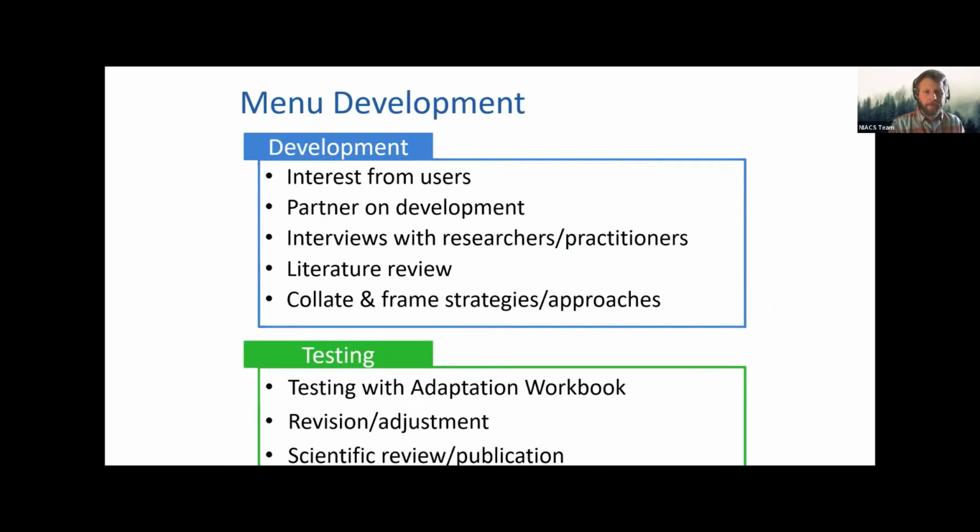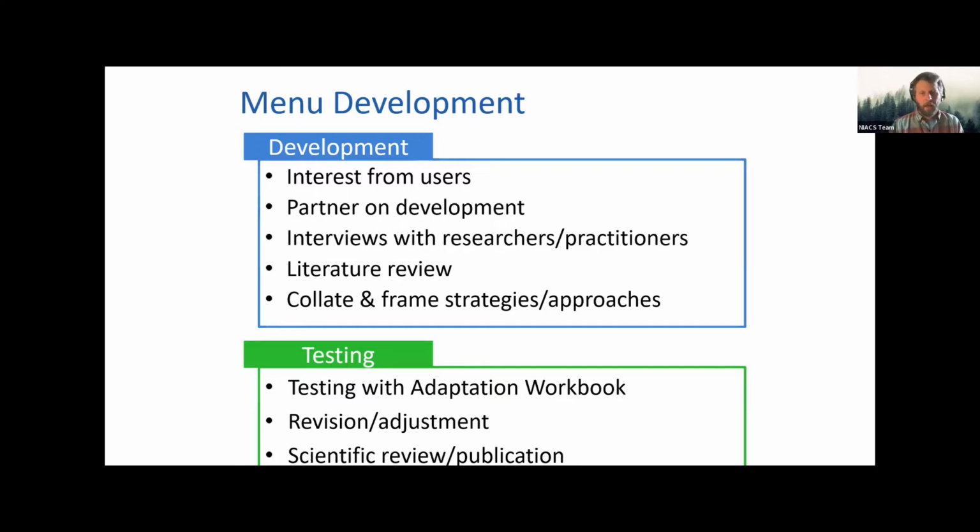The way that we develop menus is a process that really begins with a recognition of a need for a menu. We typically hear from the folks that we work with, through courses like this one and our in-person workshops.